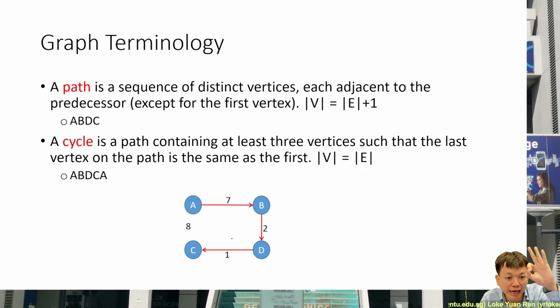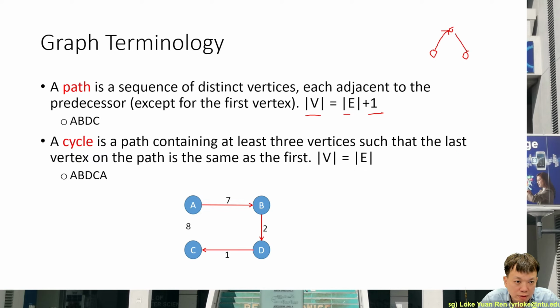Then a cycle is a path containing at least 3 vertices, such that the last one goes back to the first one.